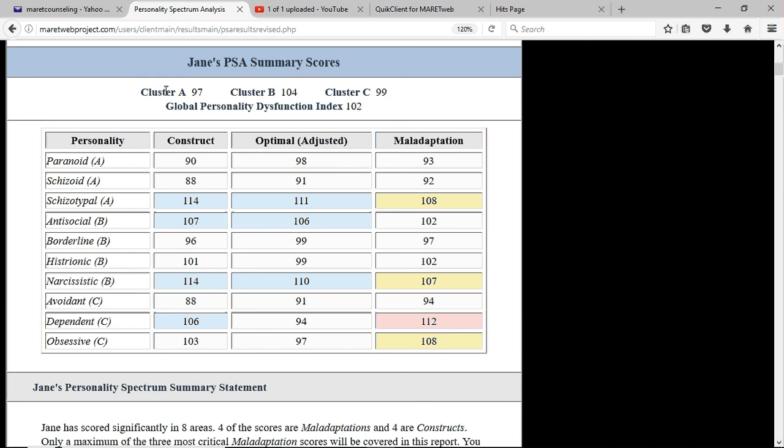Your report at the bottom of the screen will show the cluster elevation and not the maladaptations, because a cluster elevation is above the level of a maladaptation. You need to deal with the global issues associated with that particular cluster elevation.